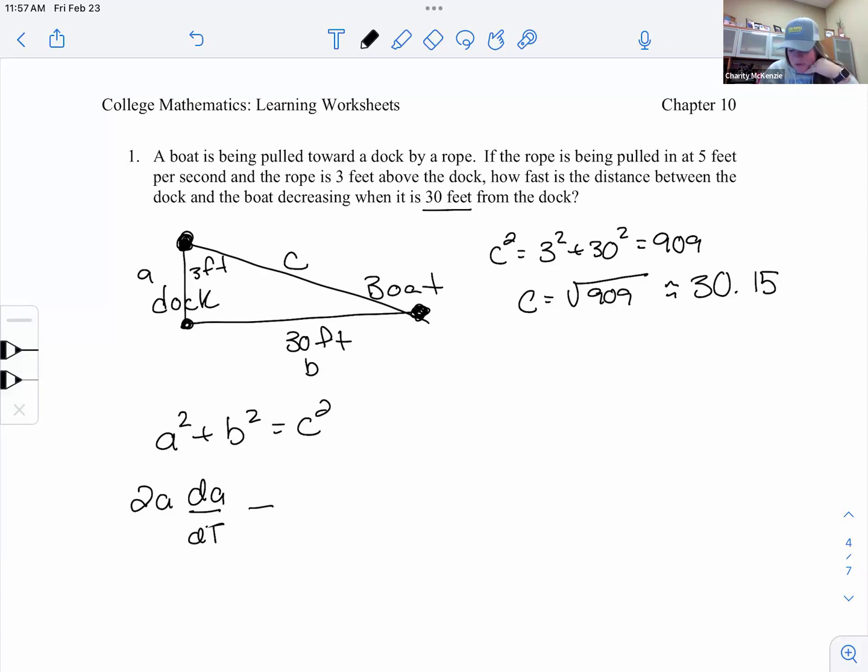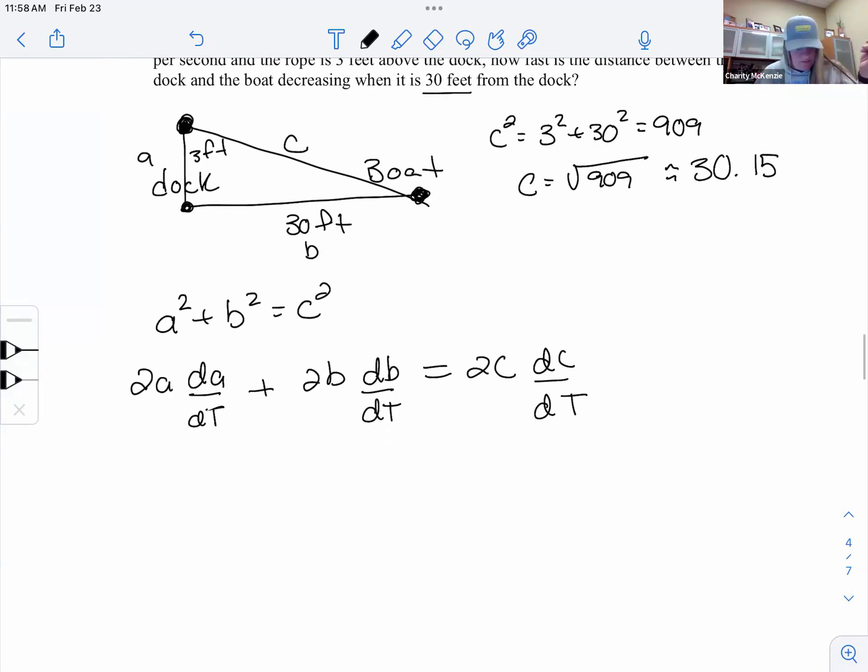And then the next one would be 2B dB/dt. And the last one, equals not plus, is going to be 2C dC/dt. All right, so I have now done this Pythagorean theorem, and I've done the implicit differentiation.